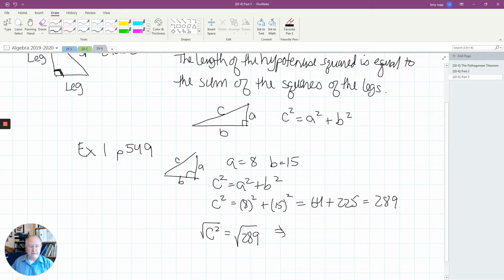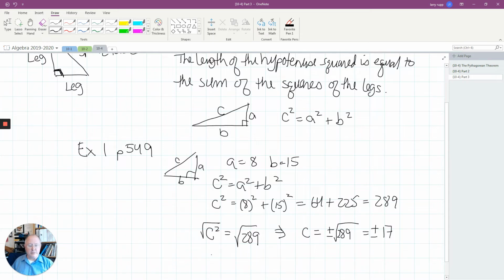Okay. So when you take the square root of C squared, that gives you C, right? But when you take the square root of 289, you don't know whether it was a plus or a negative that gave you this value. So you have to account for both. Okay, so this is plus or minus 17.